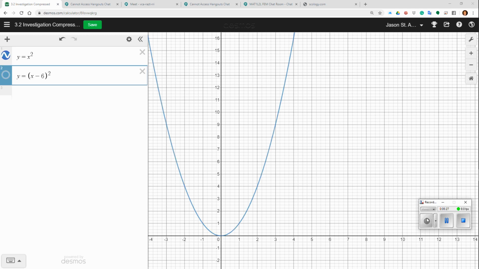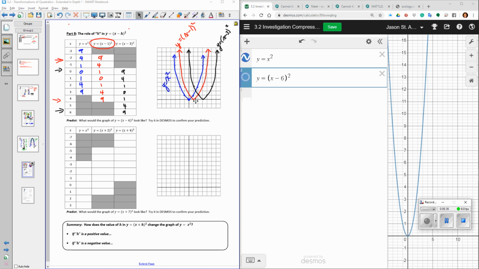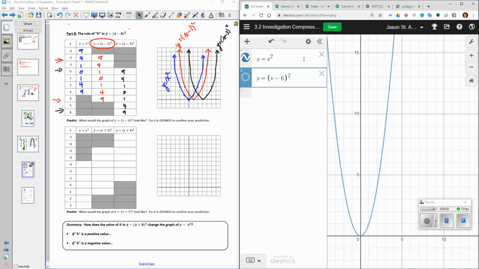When we did this before, every time we did x minus 1, it shifted the graph over to the right one. When we did x minus 3 inside our bracket, we ended up with a parabola that was identical to the first one but shifted to the right by 3.